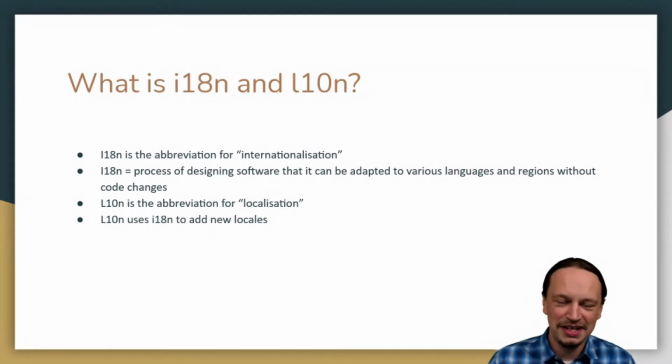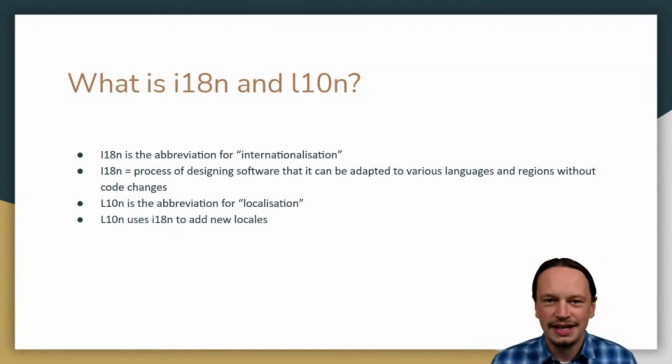So it's I, 18 characters in between, and the last one, the N. And internationalization means to design a software in such a way that it can be adapted to other languages without changing the actual code of the software. And localization, this L10N, is then after that the process of adding new locales, of adding new translations to that software.